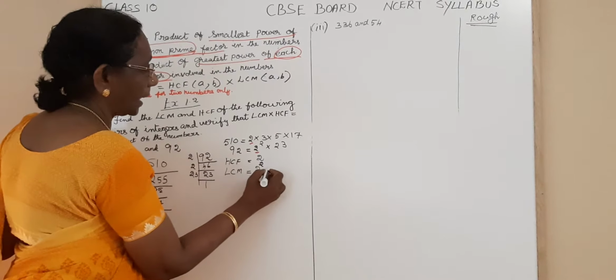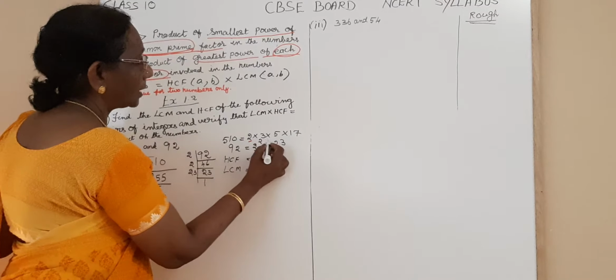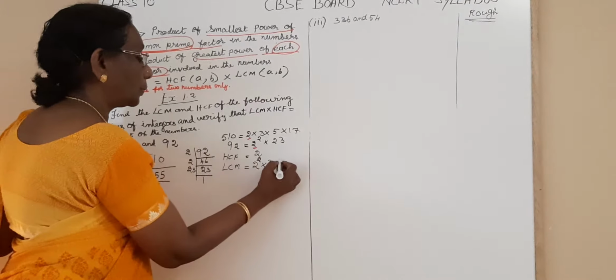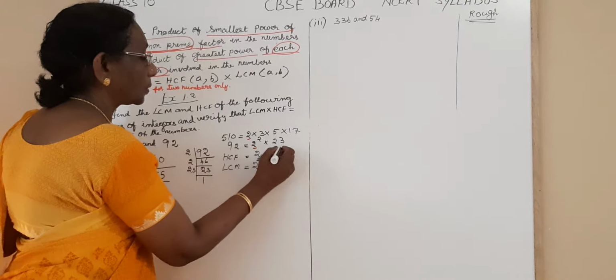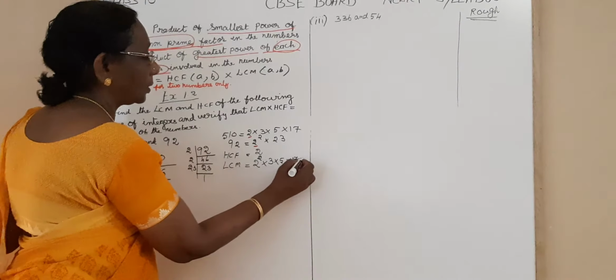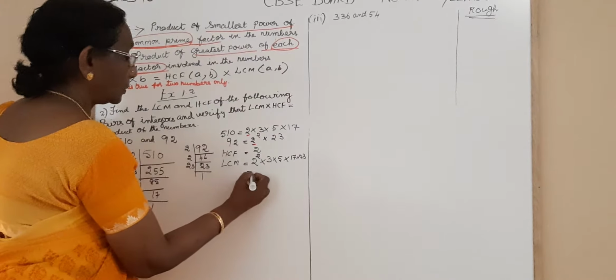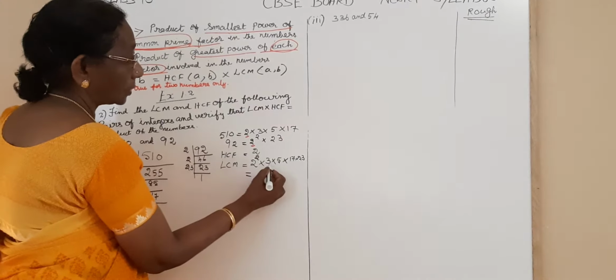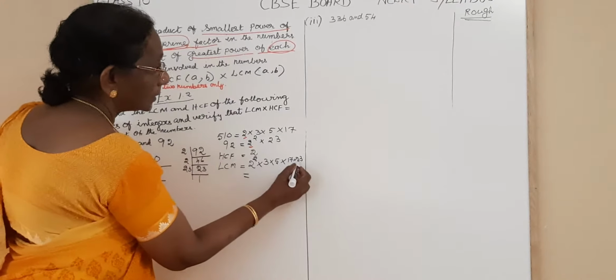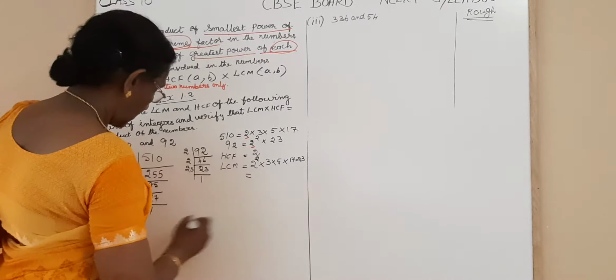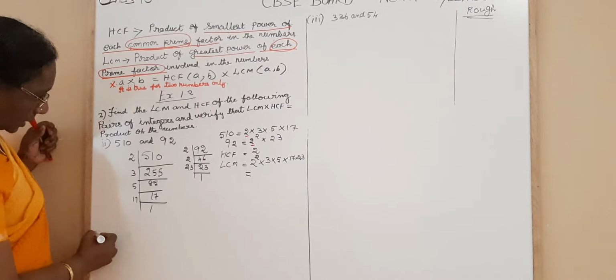So 2 square into 3, and 3 is not a common factor, but you have to write it, into 5 into 17 into 23. Okay. Now multiply: 4 3s are 12, 12 5s are 60. 60, let us do the rough work here.